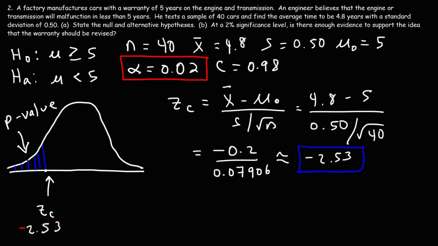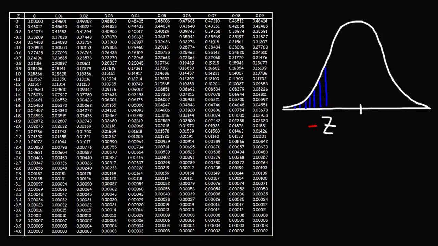Now, using the z-table, we need to find the area that corresponds to that particular z-value. So here is the negative z-score table. We want to convert our z-value to the area value to the left under the curve. And we said our z-value is -2.53. So let's go ahead and find the corresponding area value.